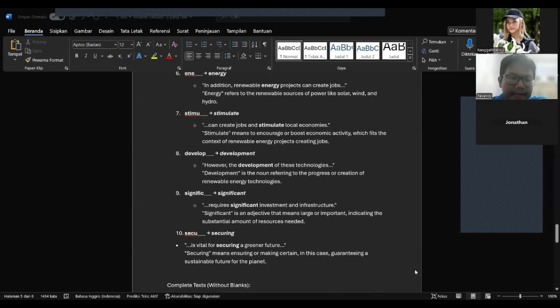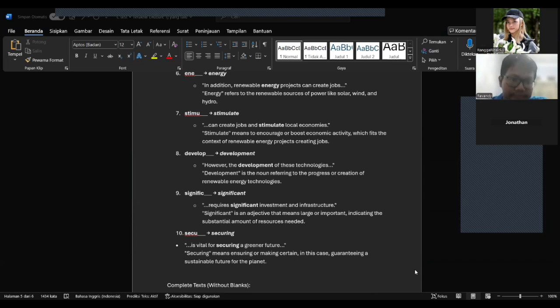Next, number nine, "significant" is an adjective that means large or of importance, indicating the substantial amount of resources needed.